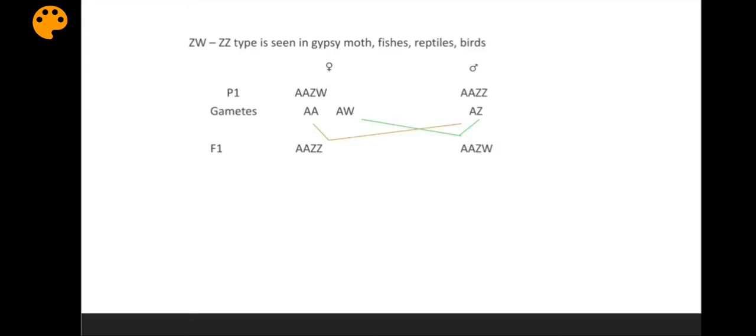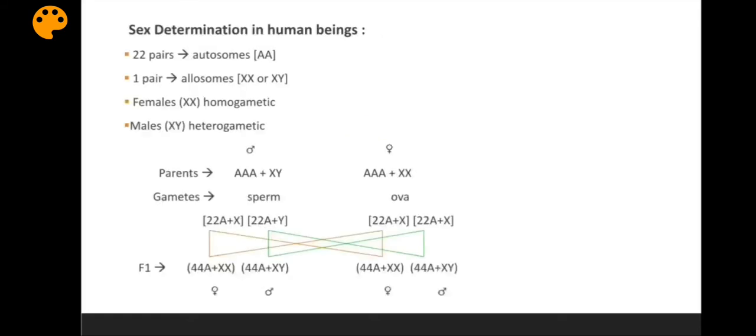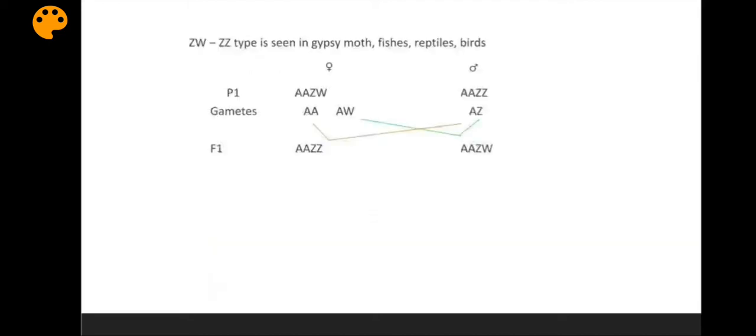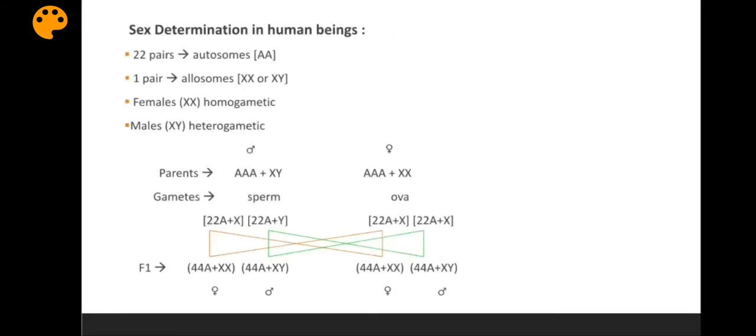The ZW, ZZ type is mostly seen in gypsy moth, fishes, reptiles and birds. Here the female has different types of gametes, so they are called heterogametic females. Male organisms are homogametic males.